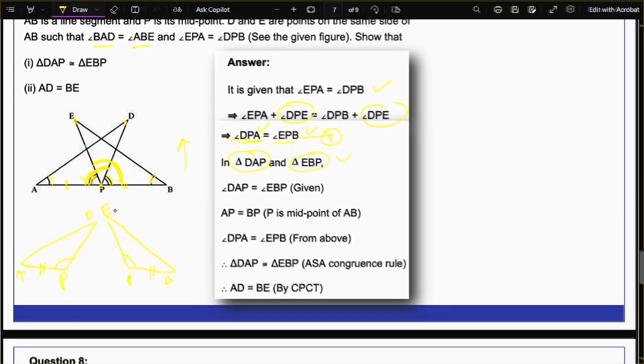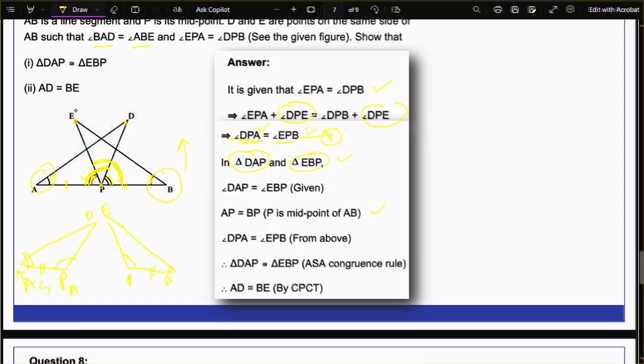And angle A is equal to angle B. So by angle-side-angle congruency, these two triangles are congruent.